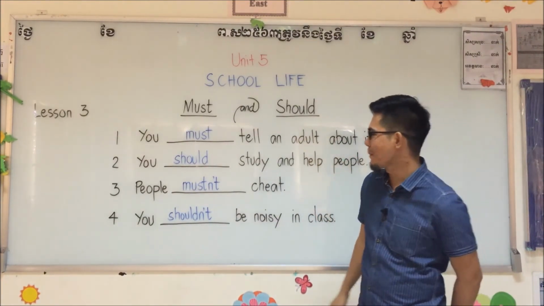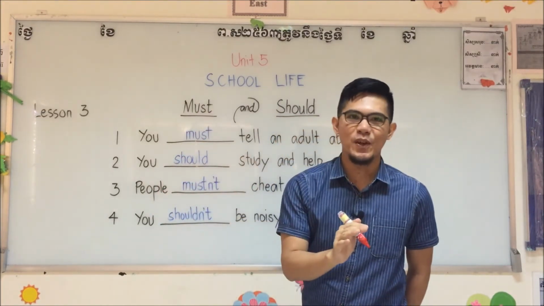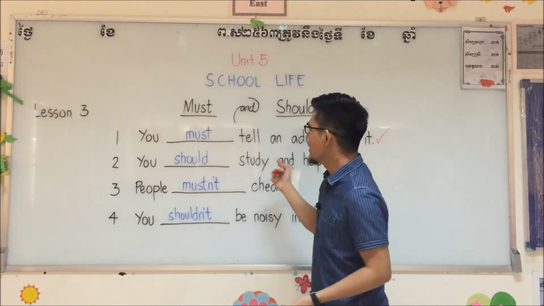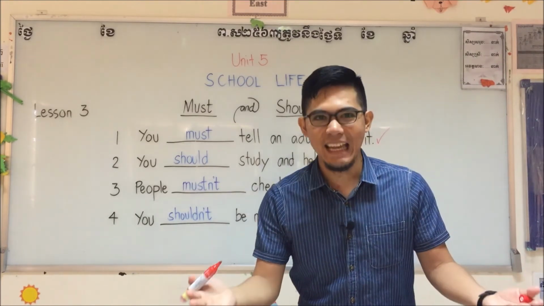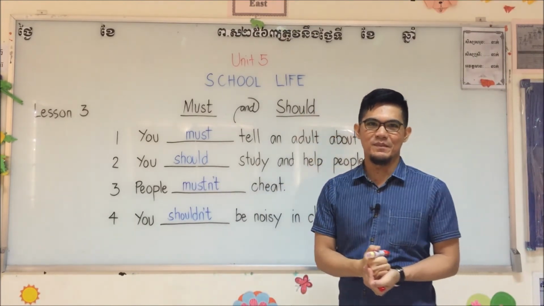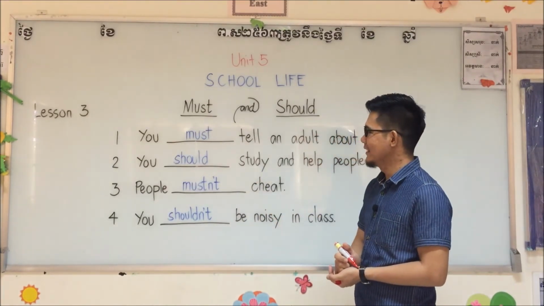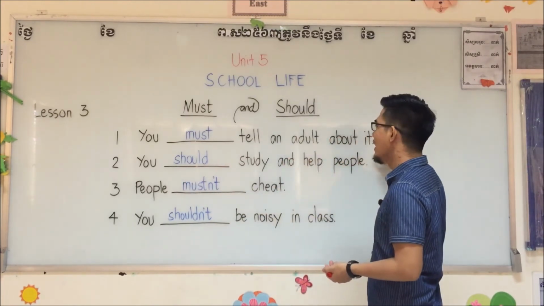One more. Which modal verb do we use when we give advice? Which modal verb do we use when we give a recommendation? Based on our examples, the answer is number 2.